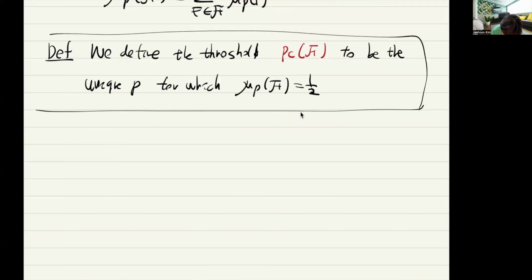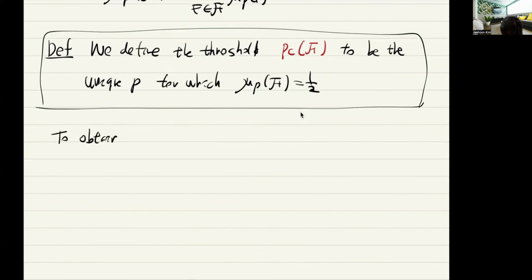So for this, how do you obtain a lower bound? We do just like before. How did we find the lower bound for having K4? You consider the expected number of K4, and if that expectation is low, then that provides the lower bound, right?